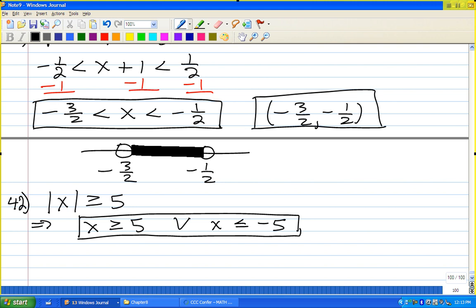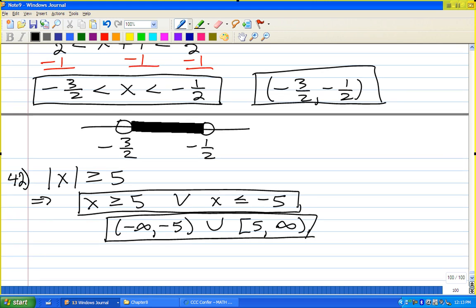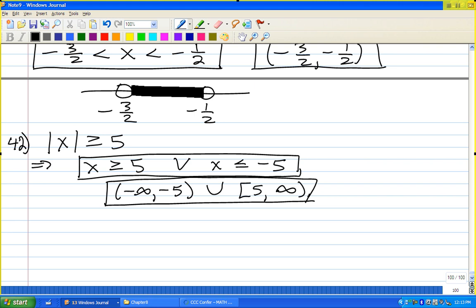So this is actually the union of two closed intervals: from -infinity to -5 and from 5 to infinity. Let me draw the solution. So this is -5, +5.